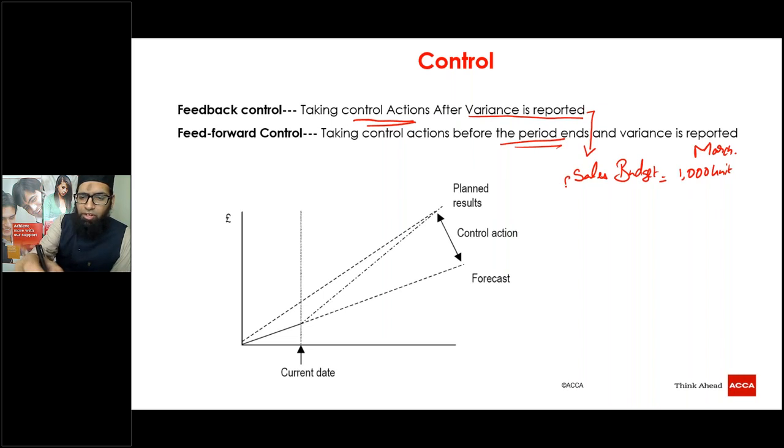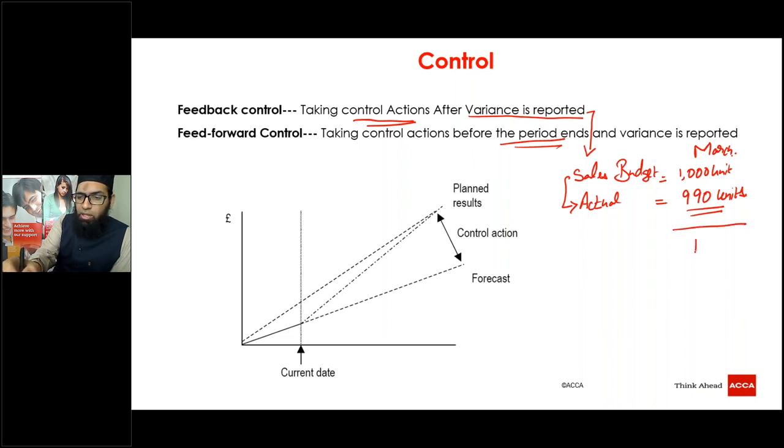Now, after setting the budget, I will be performing. So in actual, I have been able to sell 990 units. That means when I will get to know my actual figure, that will be at the end of March.